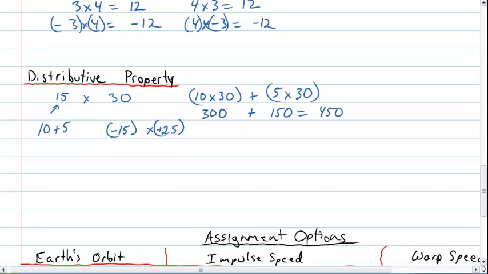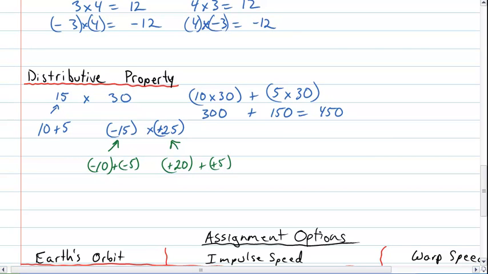Then we can say negative 15 is the same as negative 10 plus negative 5, and positive 25 is the same as positive 20 plus positive 5.